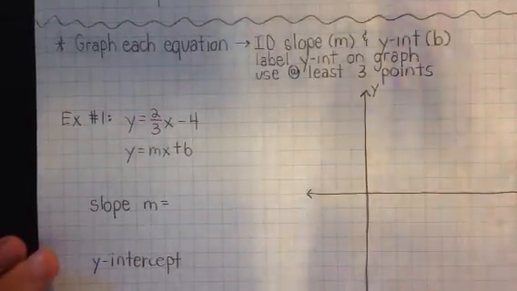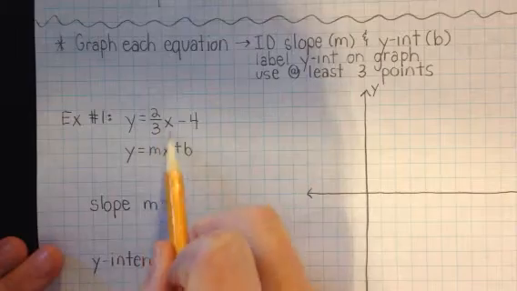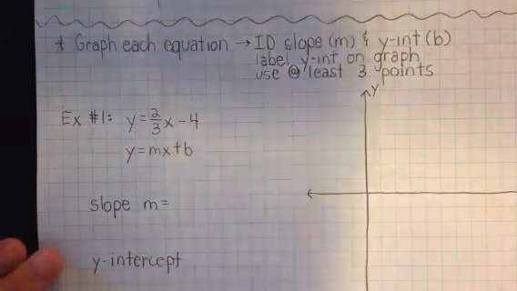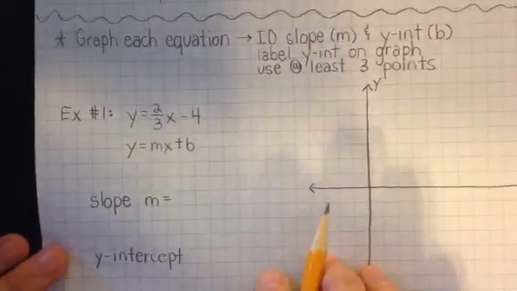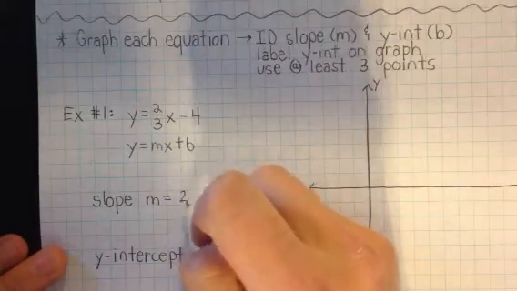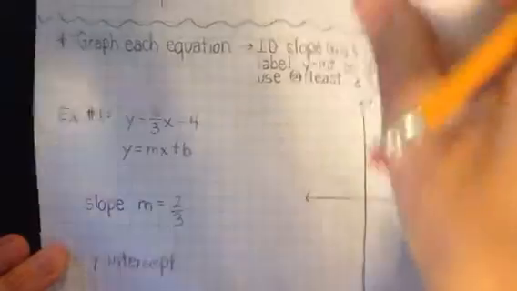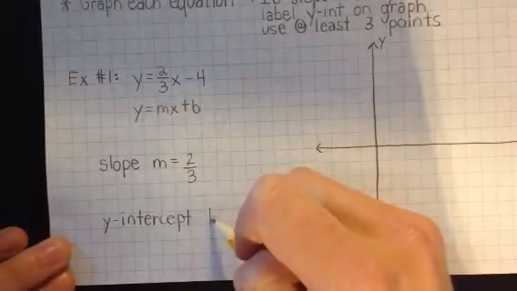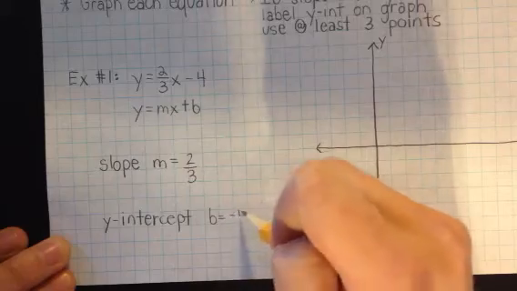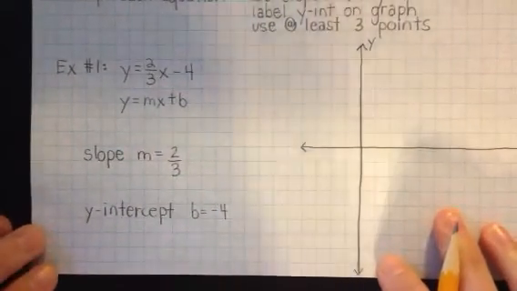So if I follow that this is in y equals mx plus b form, I know that the 2/3 is my m, so that is my slope. My slope, or m, is 2/3, and my b is the -4. So my y-intercept is b, which is -4.